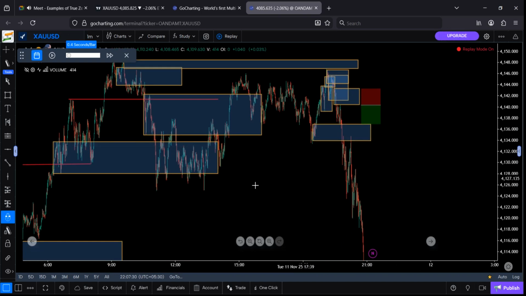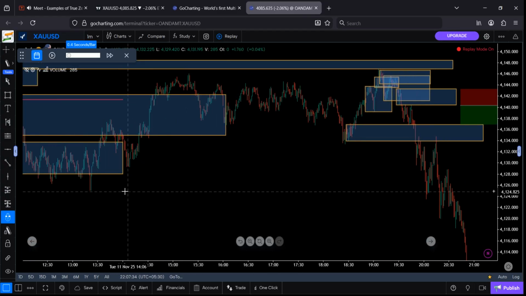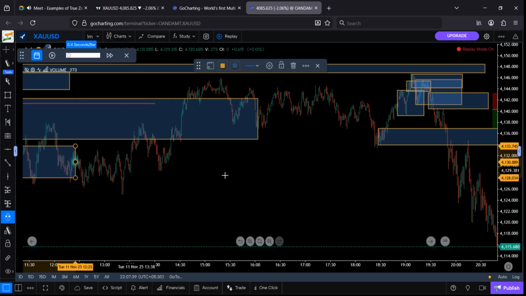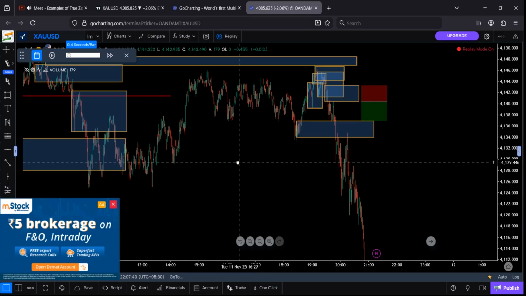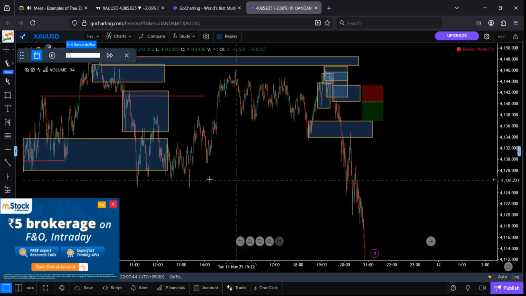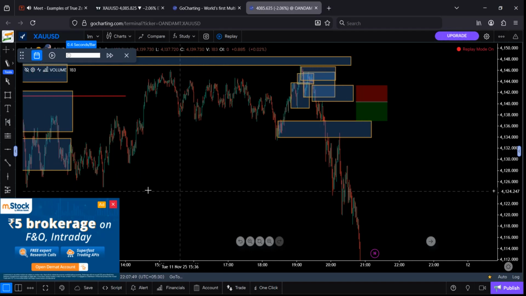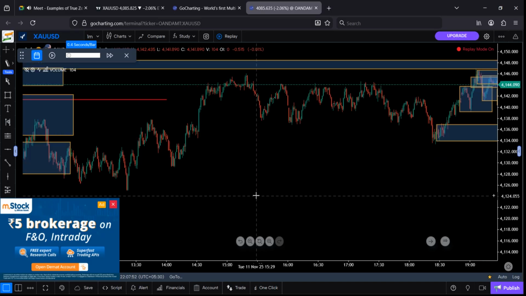So our target will be here. Where is the OR here? This one. When price goes up from here, our OR is here. This is our ORFL as well.